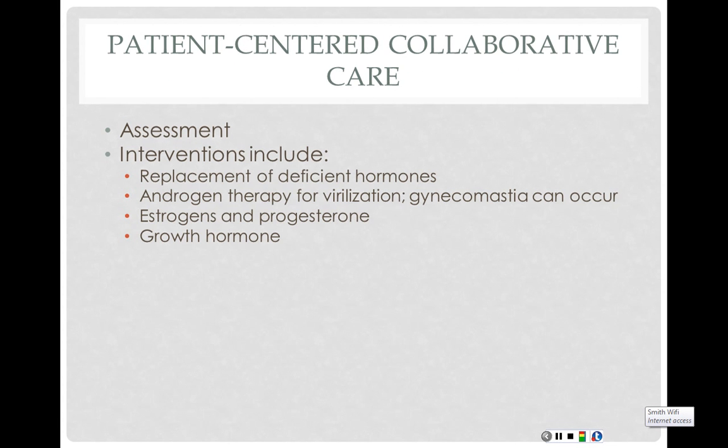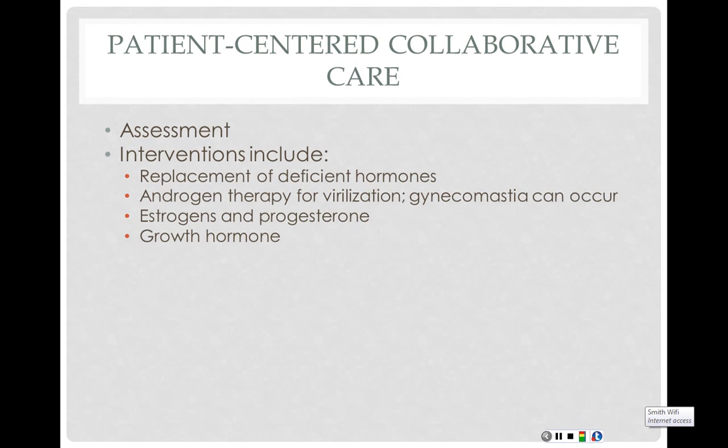When we talk about interventions, we're going to replace the deficient hormones. If the person has gone through virilization, then the treatment is going to be high doses of testosterone until there's the presence of male secondary sex characteristics.